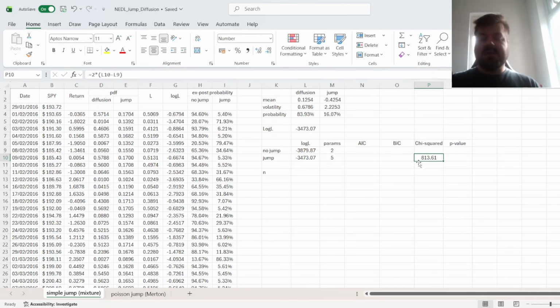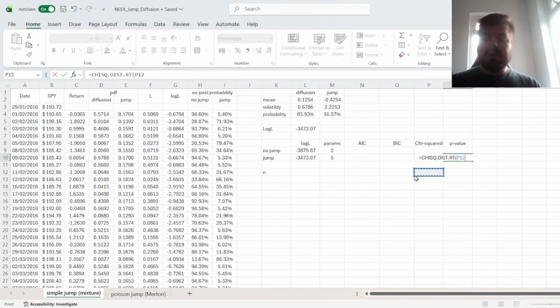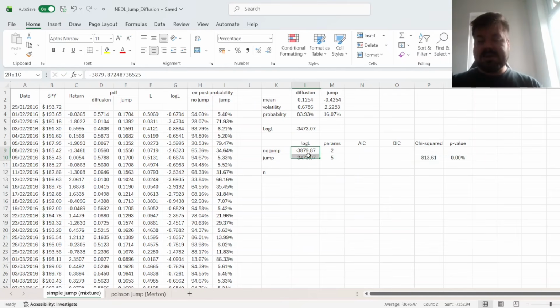So we'll have a chi-squared stat of roughly 814, and we can evaluate for significance using a right-tailed chi-square distribution with the number of degrees of freedom equal to the number of additional parameters, so 5 minus 2, that will be 3 degrees of freedom. We'll see that it's a very significant result, so it means that the fit of the model with jumps is substantially better than the fit of the model without.